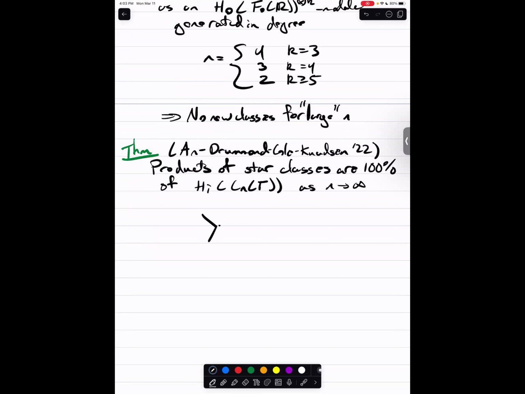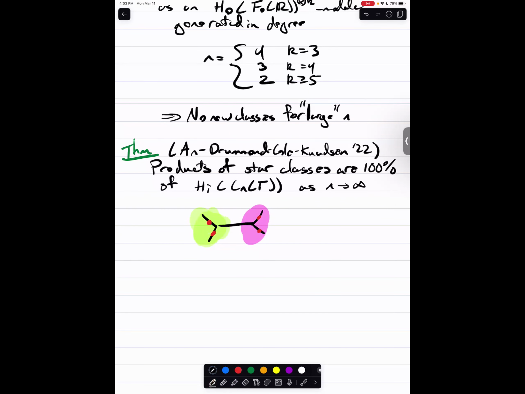Well, what we can say is, okay, here's a graph, and in this graph, I can see two subgraphs, namely this star on 3 edges over here, and this star on 3 edges over here. They're disjoint, so we might as well be able to say to ourselves, okay, let's take a star class over here and a star class over here.